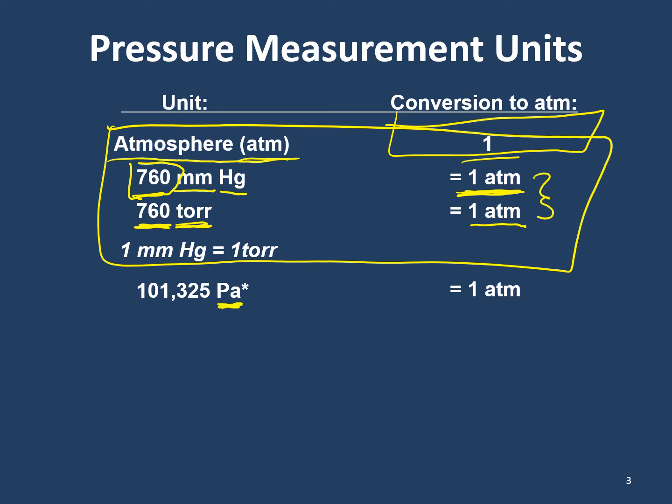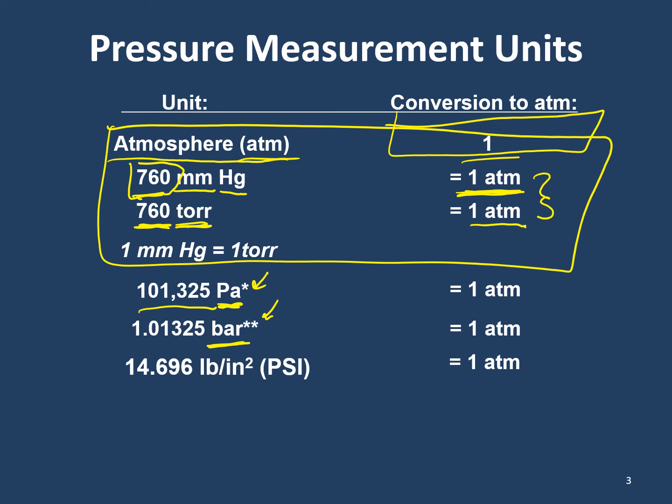So a Pascal, or Pa, there are about 101,000 pascals in 1 atmosphere. A bar, both of these units are more used by physicists than chemists, but there are reasons to use either one. And then PSI, which is by far the most common unit in the United States for pressure.